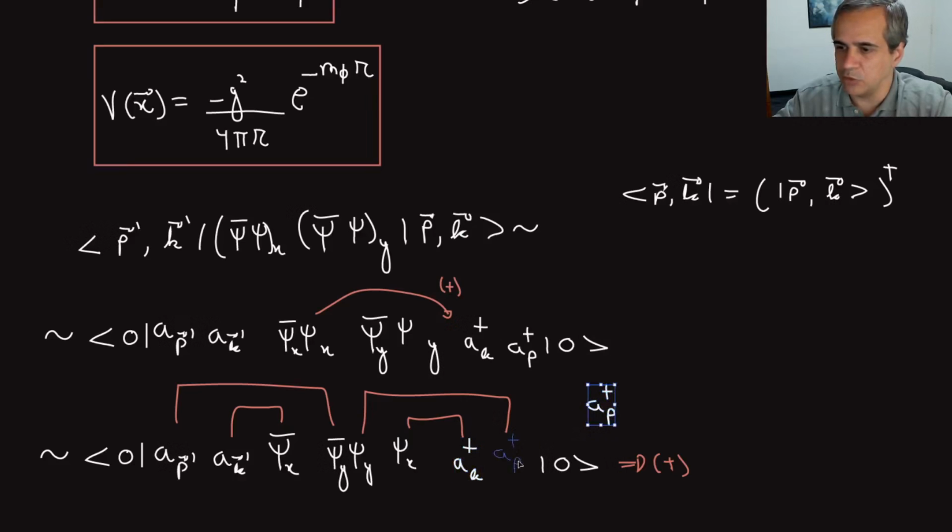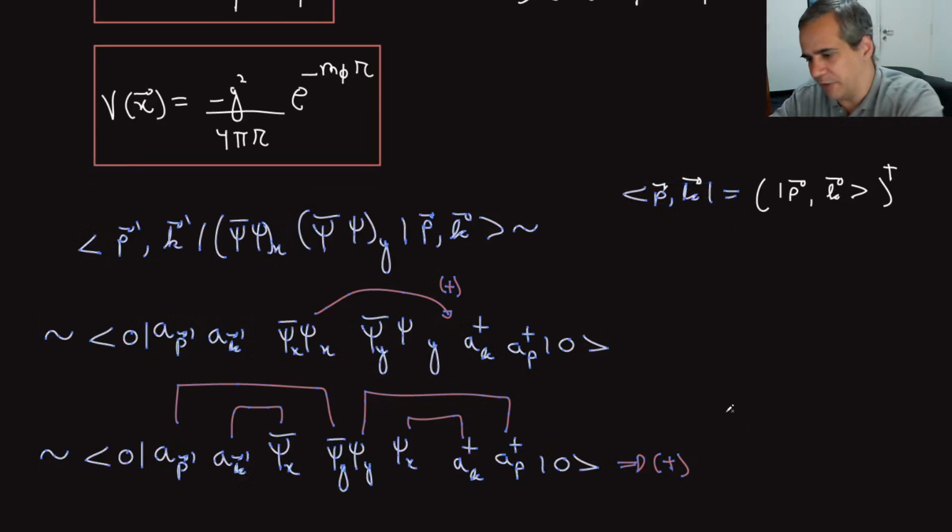And you see the total sign is still a plus, which is, I got a minus from exchanging here and a minus from exchanging it over there. So that is fine. What I'm saying is that my change of convention for these 2 fermion states will not change the overall sign of this matrix element.